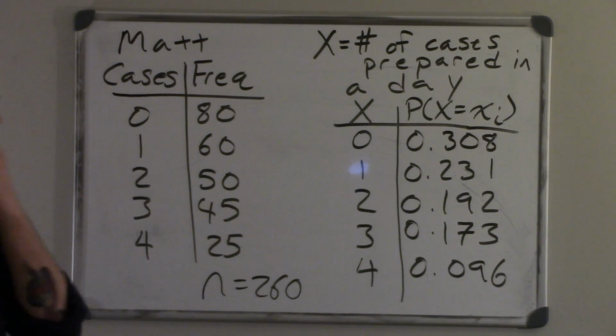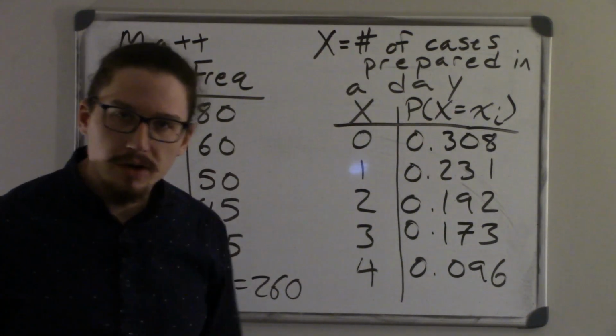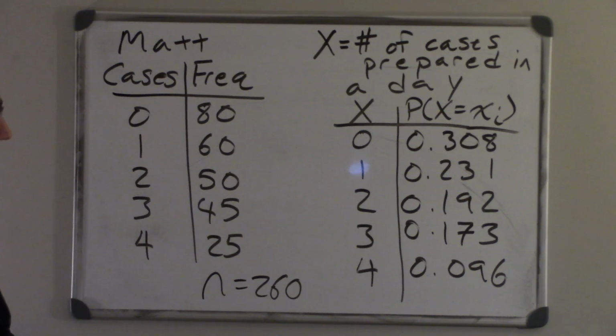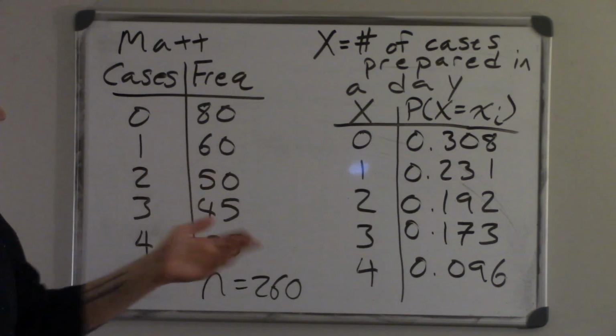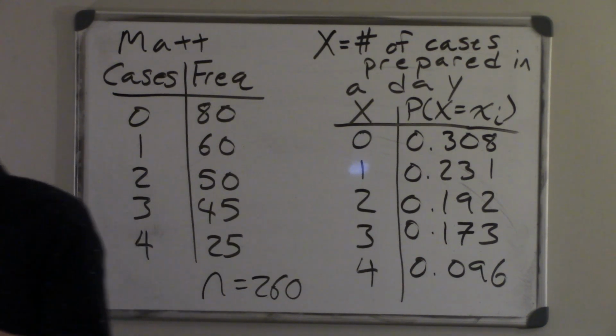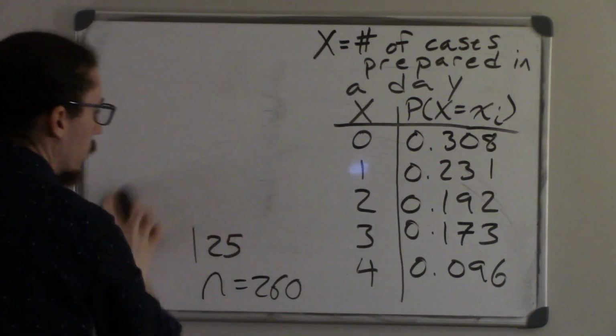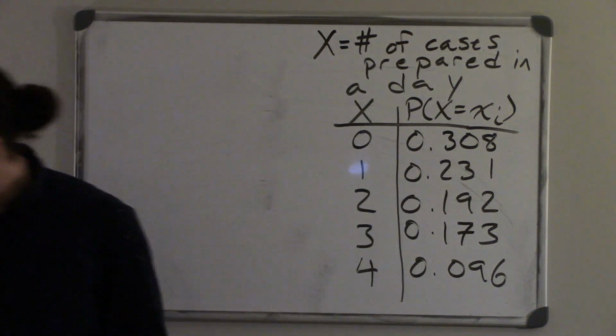So once again, this is just another example of putting together a discrete probability distribution, this time using the relative frequency approach rather than what essentially was the classical approach with that D4 example from the last video.